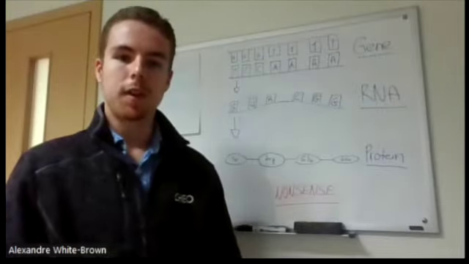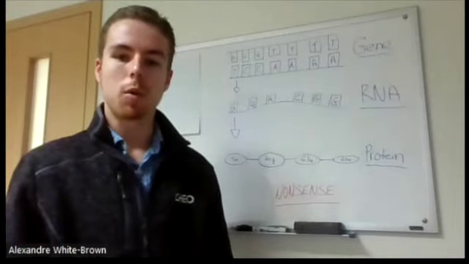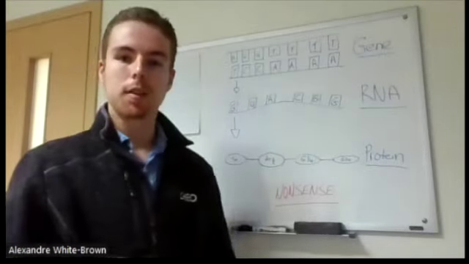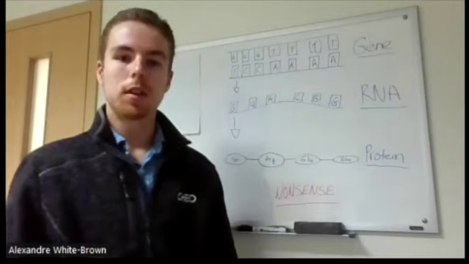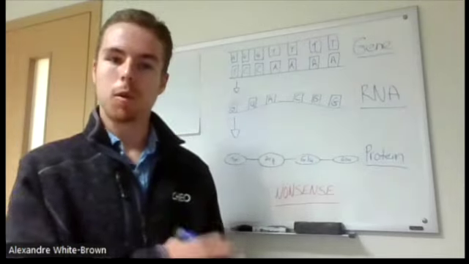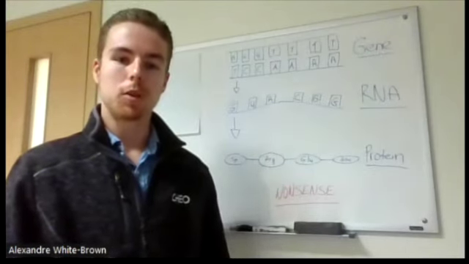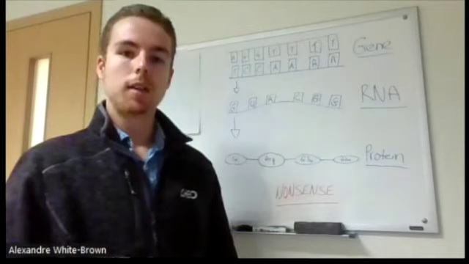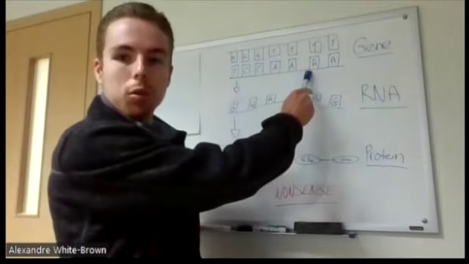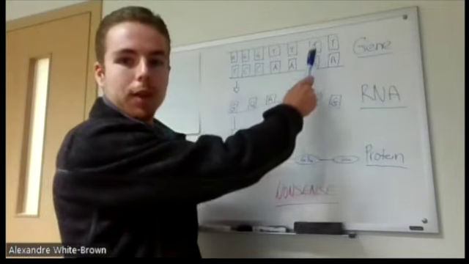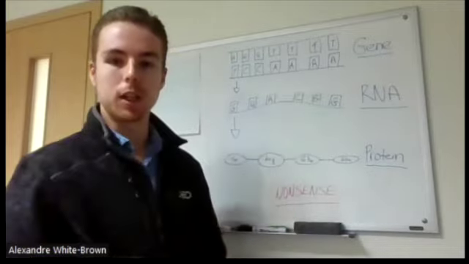The next type of variant that we'll discuss is what we call a nonsense variant or mutation. This can also be called a stop-gain mutation, and I'll explain a little bit why as we move along. So a nonsense mutation is very similar to a missense mutation in the sense that a single nucleotide is being changed. So we have a single base pair that's being changed.